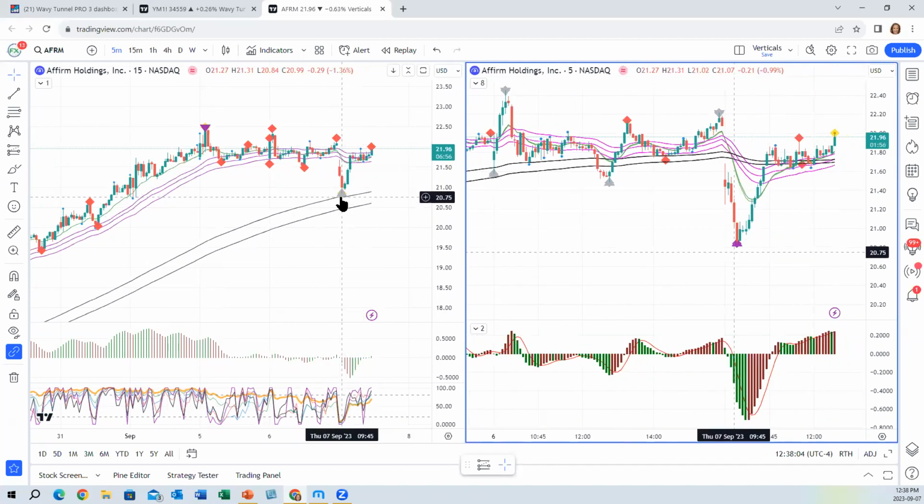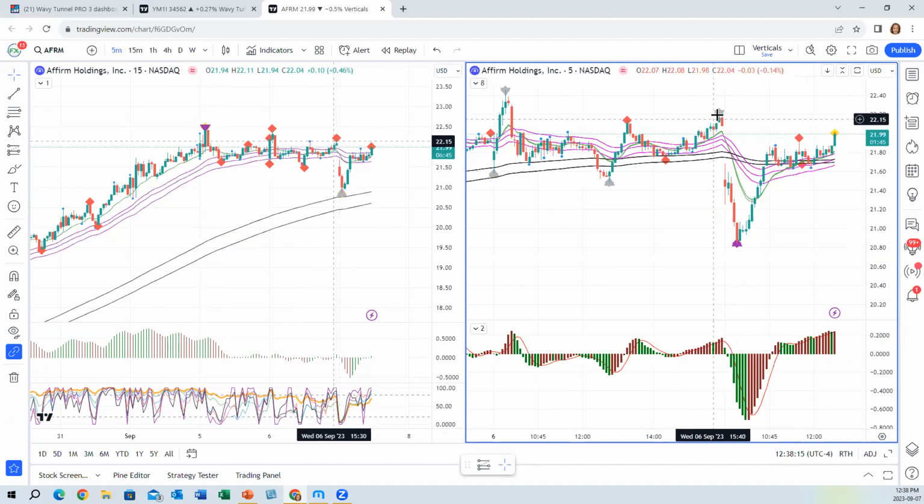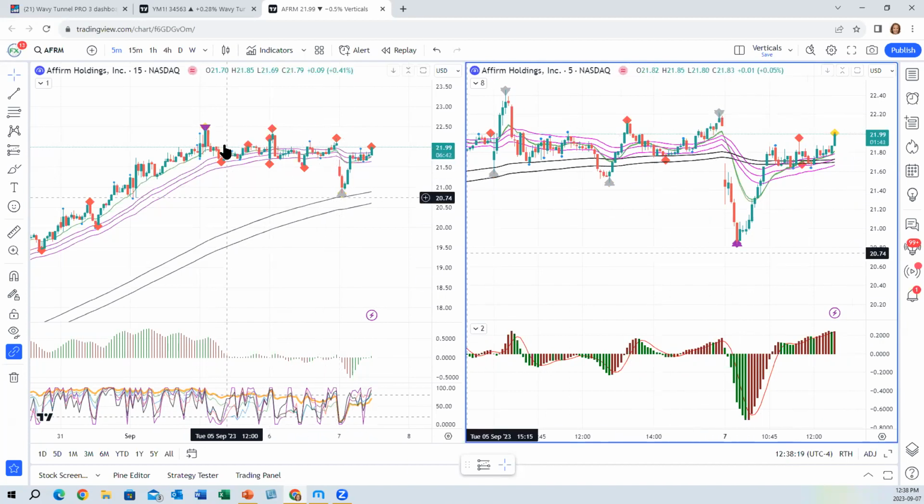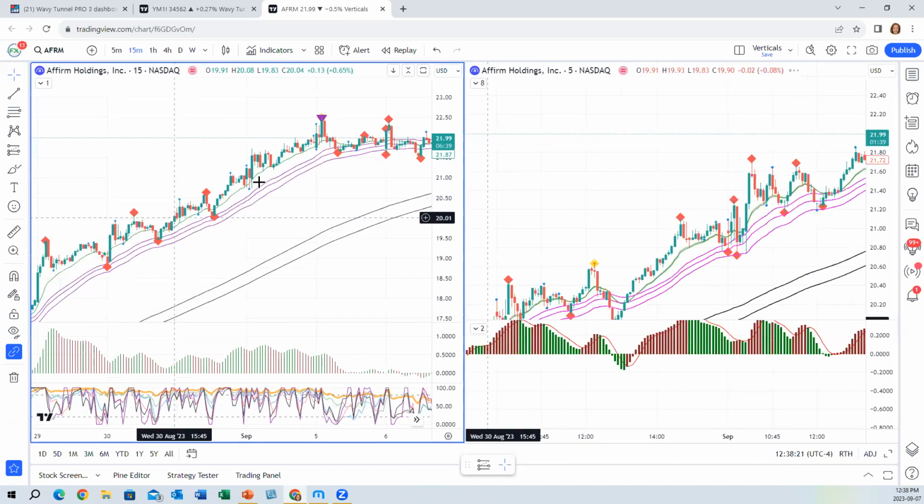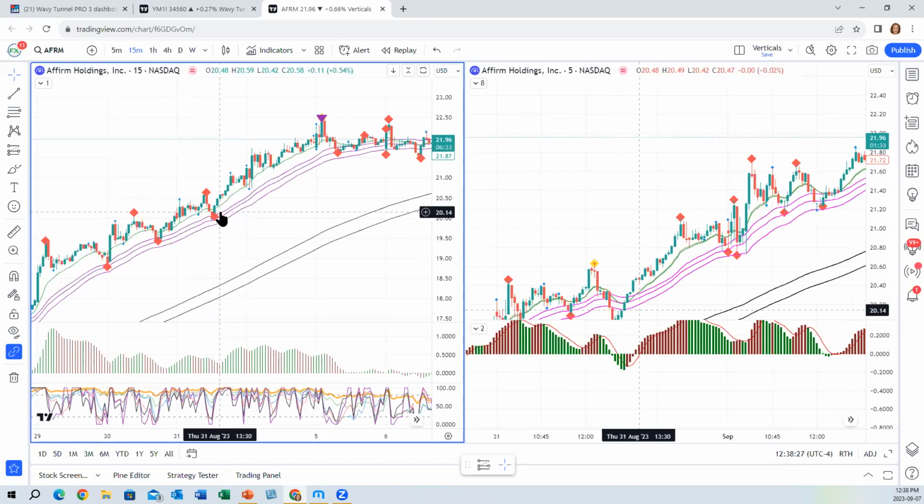So notice you have a gray arrow here, and that's the equivalent of a purple. These are swing moves, by the way. The purple swing is the biggest swing move, then comes gray, then yellow, then red, then blue. So notice when we are moving up along the wave, every time we come down into the wave and we get the reds, you want to be buying.